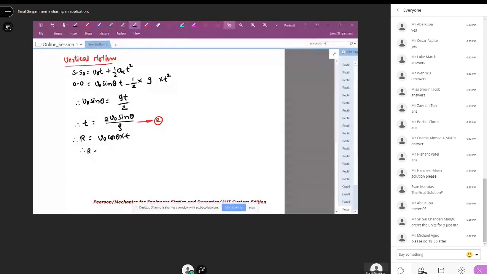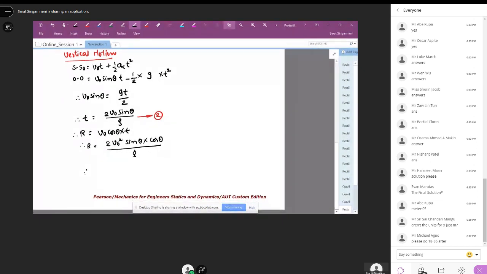Therefore, r becomes 2 times V0 square times sine theta times cos theta divided by g. Therefore, r is equal to 2 sine theta cos theta, which we can write as sine 2 theta. So r equals V0 square sine 2 theta divided by g.